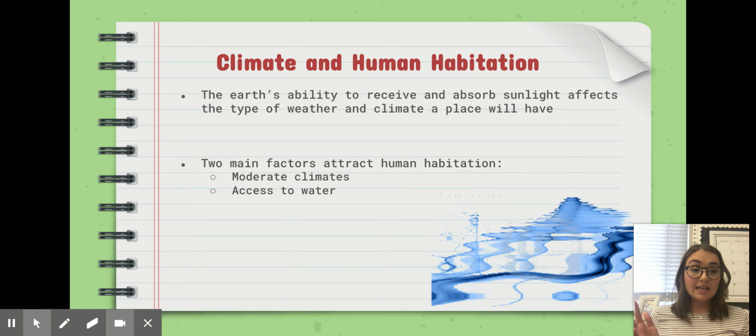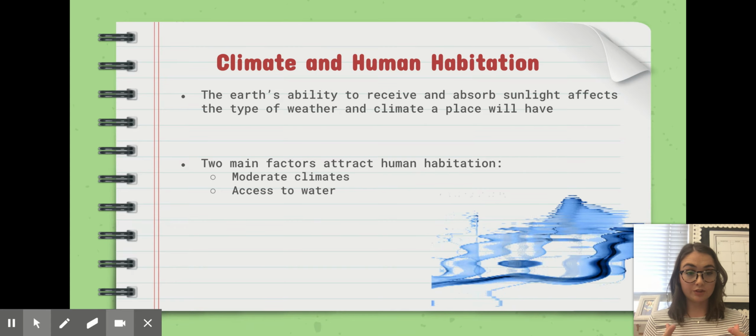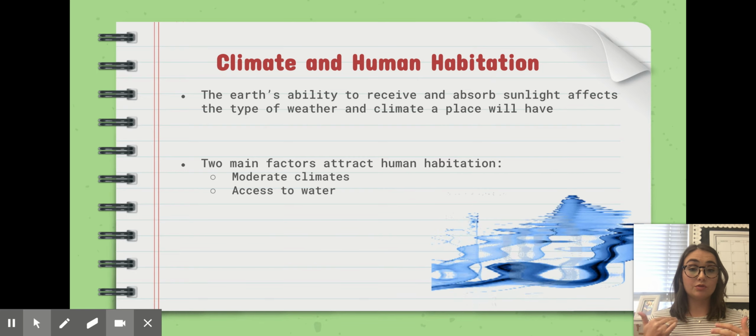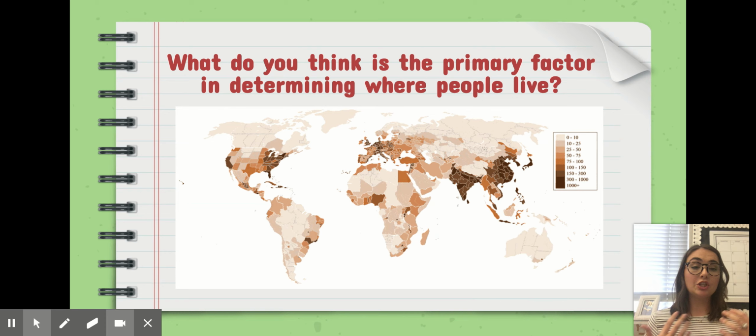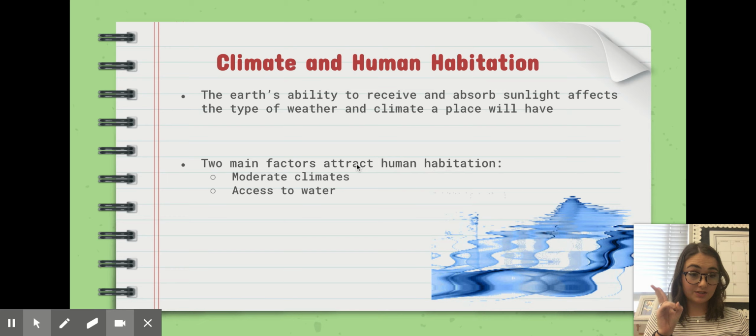So, if weather, climate, and access to water are the main factors that contribute to where people live, then you could conclude that these areas probably have a moderate climate and access to water.